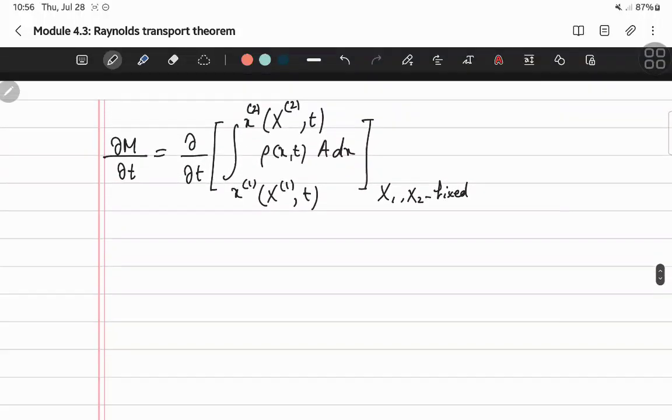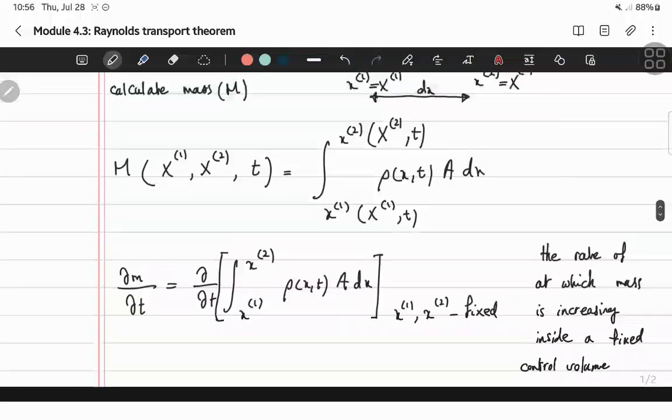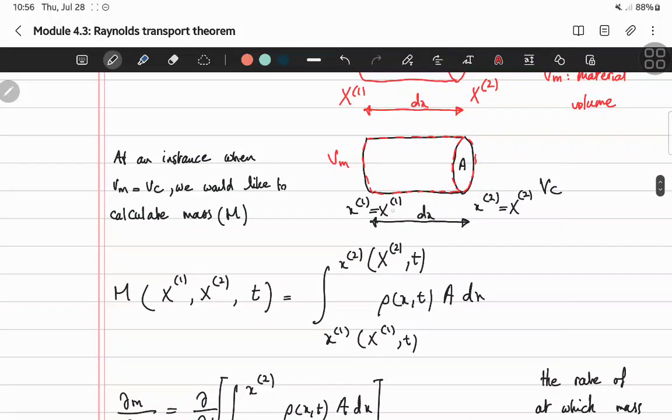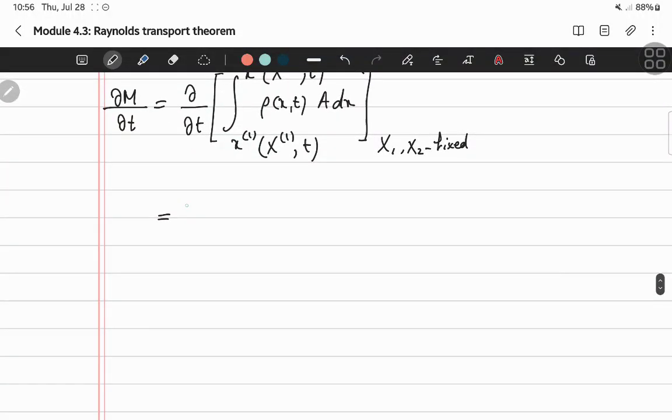So at this moment, we can replace this partial derivative with the material derivative, because small x1 coincides with capital X1, and small x2 coincides with capital X2. So it's like we are in the reference configuration. So we can take this partial derivative and just change it to the material derivative.